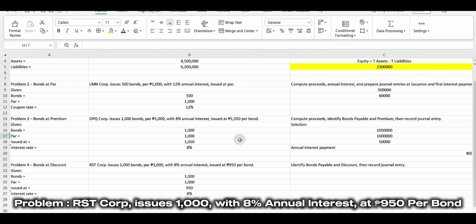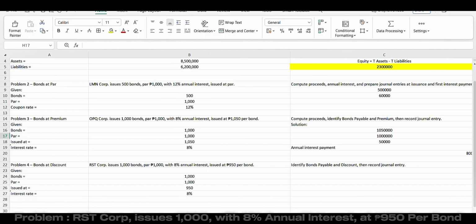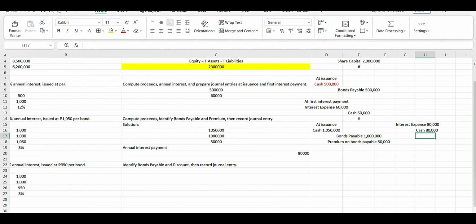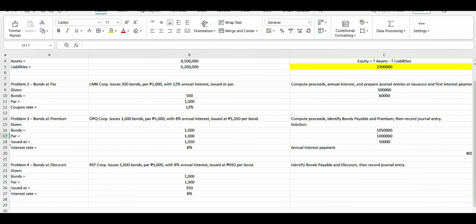And take note, guys, it is issued at 950 per bond. What we need to do is to identify the bonds payable and discount, then record the journal entries. Now, in this part, I will also include the annual interest payment. So let's start with the proceeds.